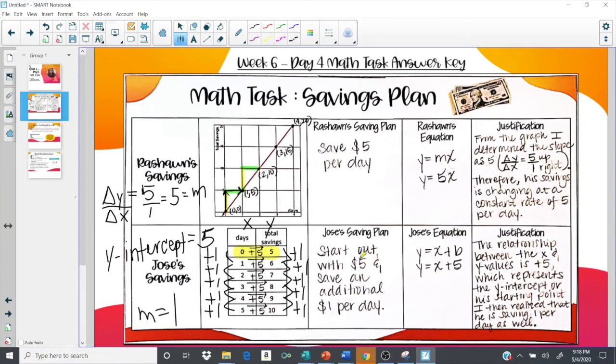Here, you have to describe Jose starting with $5, or him already having $5 in the bank, and then adding $1 every day. So you don't have to have it worded the exact same, but it needs to be similar to this explanation. And then your equations must be correct.